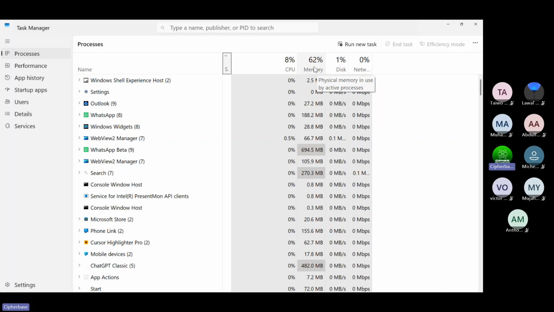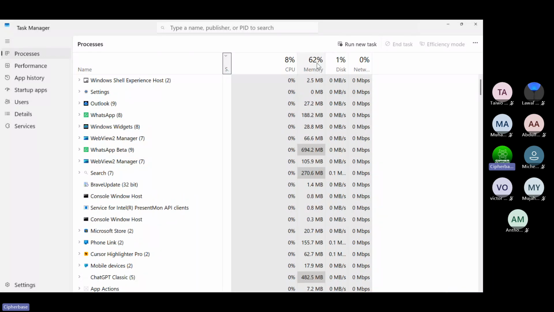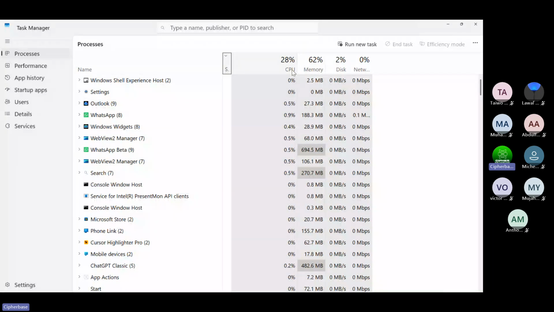RAM may show red, and that shows that something is happening. Let's assume someone is attacking my system, or this is our server and this one is just red. You should know that something is happening. Maybe a high operation is going on that you don't know about. Probably an attack is happening, or something else, or maybe the device is full. So understanding our task manager is very, very important.